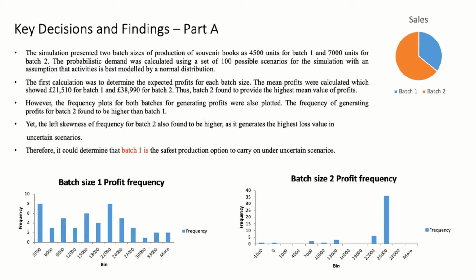But when you look more into the details, the frequency plots for generating profit for both batches were also plotted. The frequency of generating profit for batch 2 was found to be higher than batch 1.